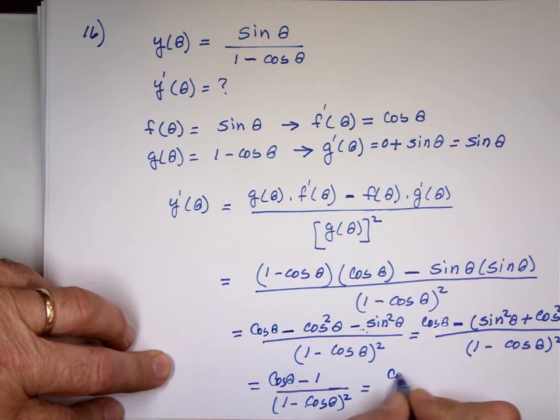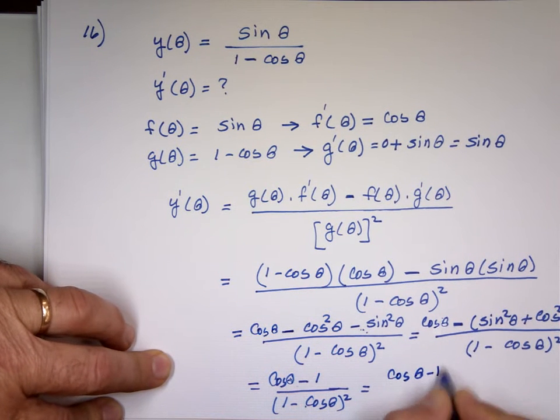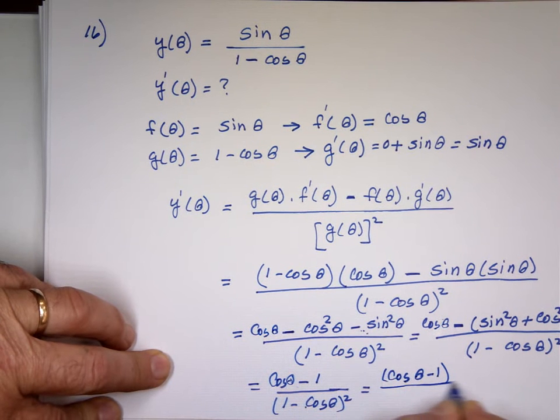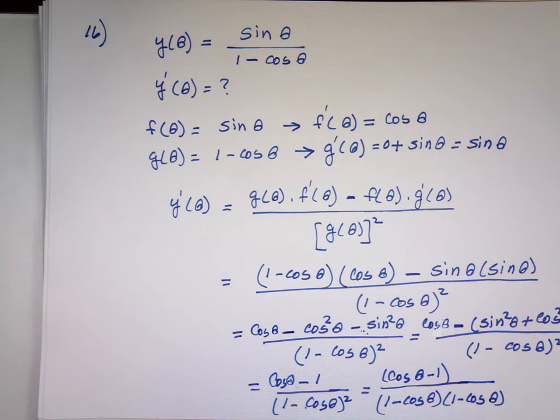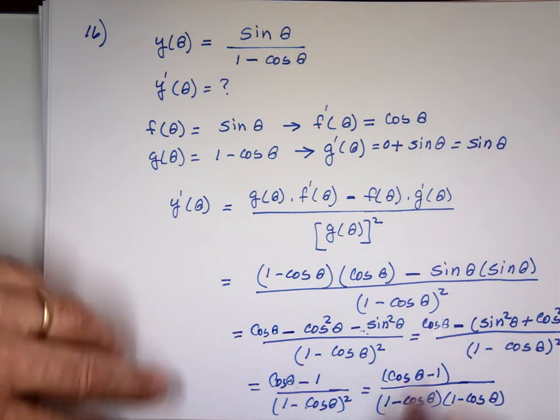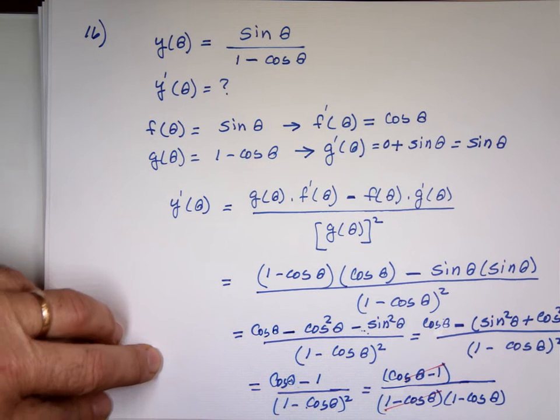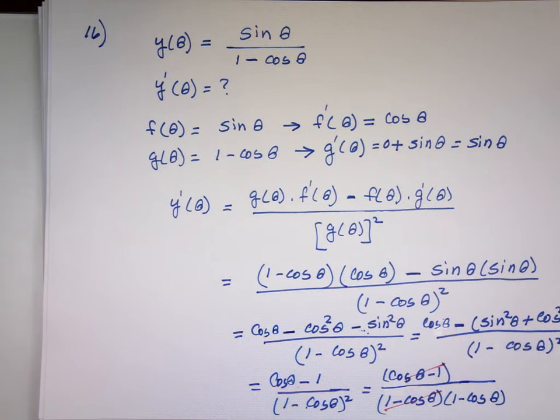Cosine theta minus 1. Look at the bottom now. It's 1 minus what? Cosine theta times what? 1 minus cosine theta. Make sure you keep your eyes open. I make mistakes all the time. I'm not a professional. Do these guys cancel each other out? Can I cancel these two?